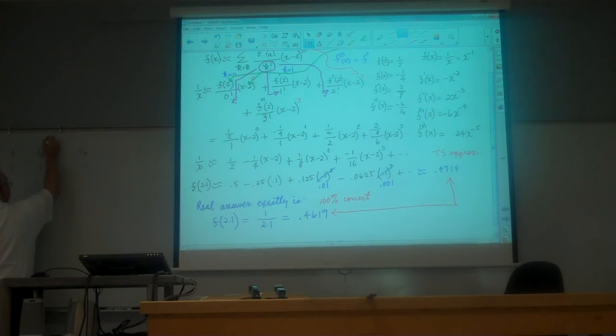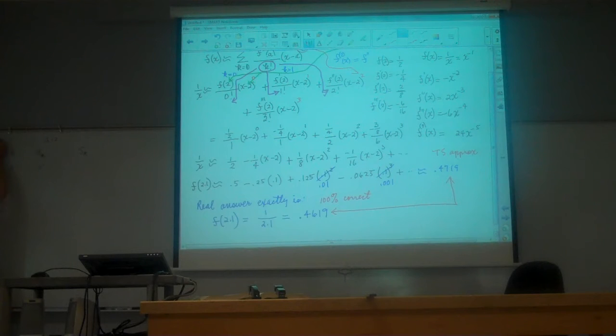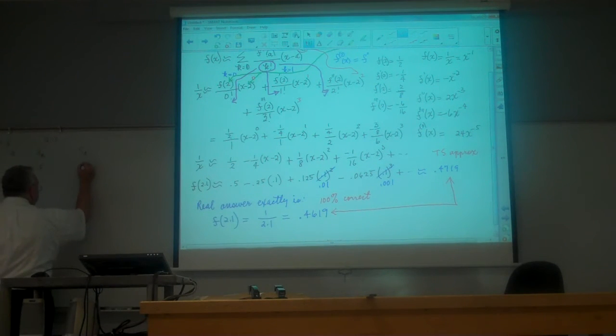With a equal 2 and f of x equal 1 over x, and we want to find an approximation for f of 2. Then this first sum is 0.5. Do you agree?